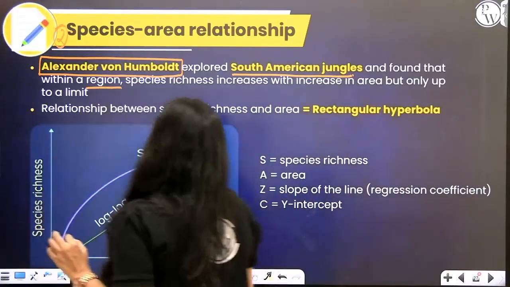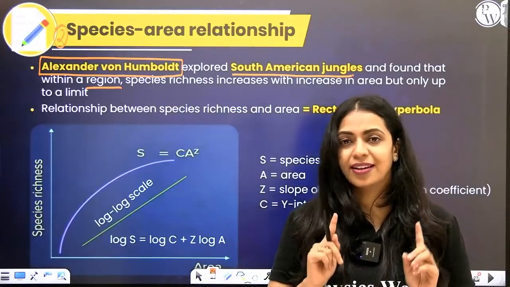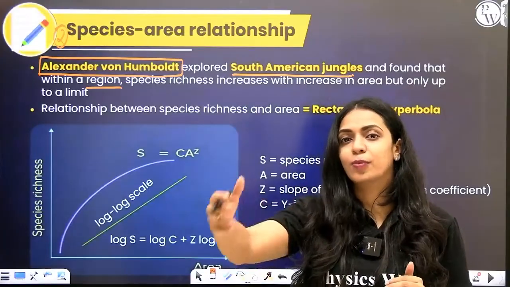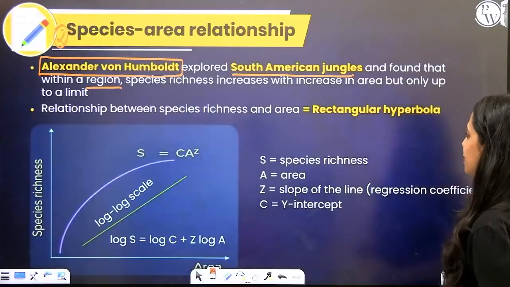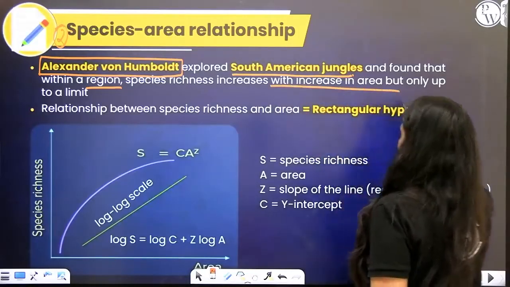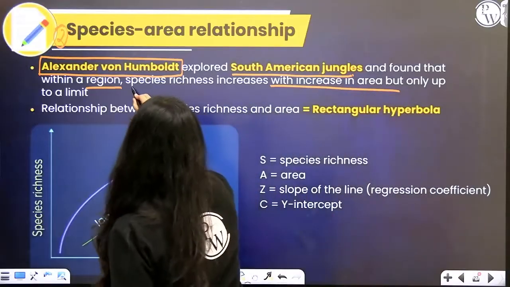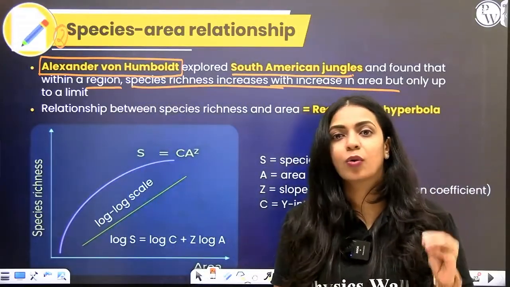within a region, as you increase the explored area, the species richness is going to increase. With increase in area, species richness increases. But that happens only up to a limit.